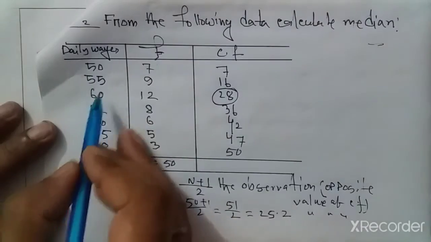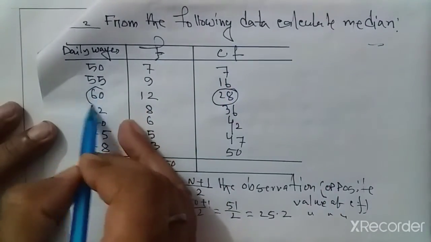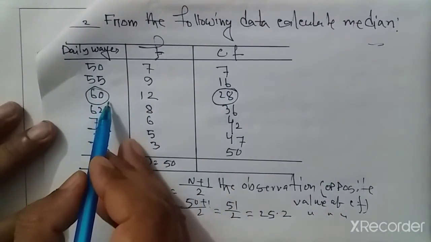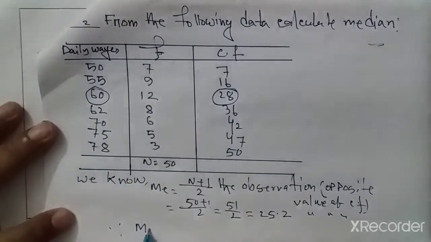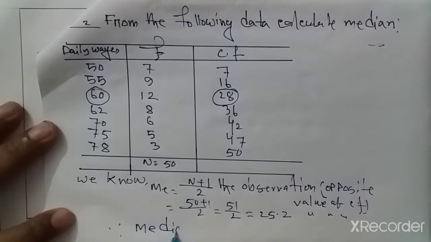The opposite value is 16. The 16 is the median value. Therefore median is equal to 16. That is the answer of median.